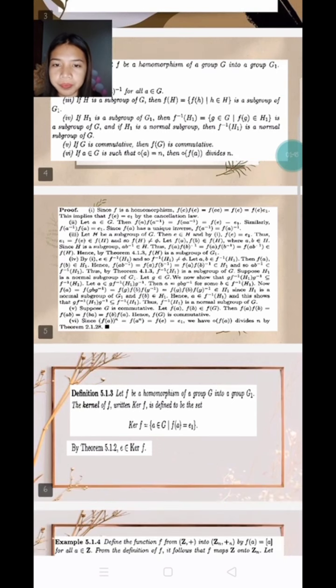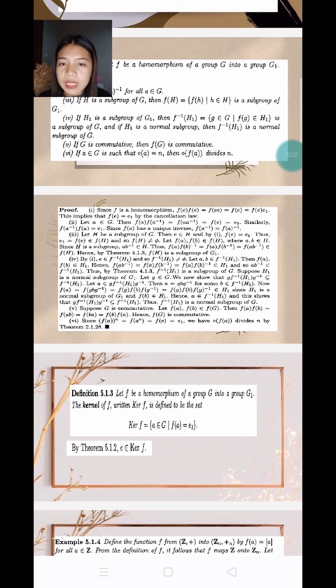Proof. Number 1. Since f is a homomorphism, f of e is equal to f of e times e, which is equal to f of e star 1 f of e. Also f of e is equal to f of e star 1 e sub 1. So this implies that f of e is equal to e sub 1 by the cancellation law.